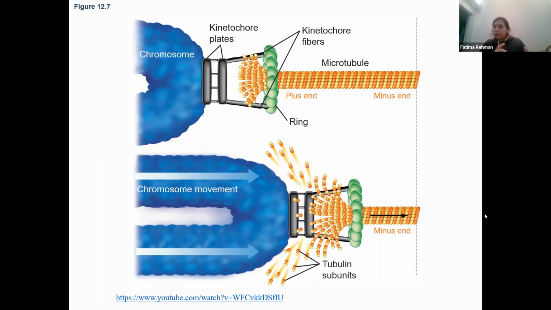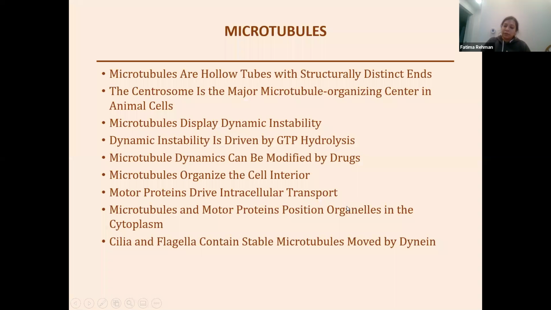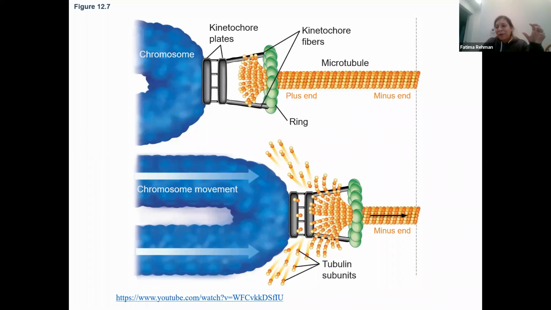And so this is going to start to become shortened. So as they shorten, this linkage is still there, right? The ring proteins are still there. The anchor to the kinetochore plate is still there. It kind of looks like the basket of a hot air balloon to me, but they've drawn it a little bit differently than what I'm used to. But the chromosome then just travels along with it and goes to the other end.